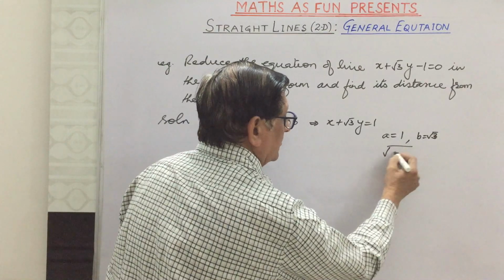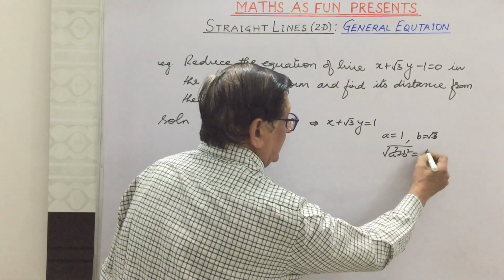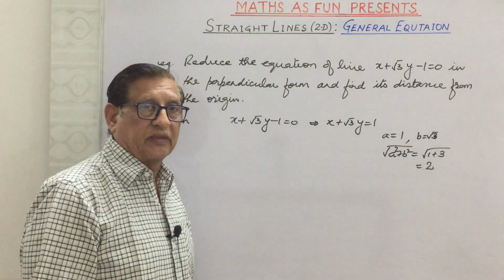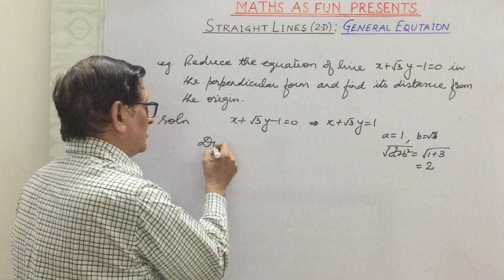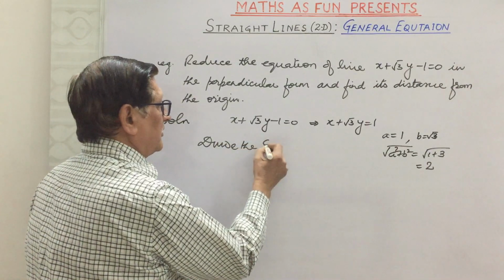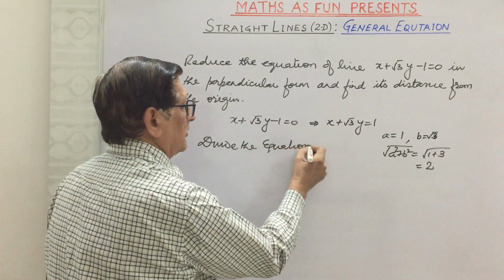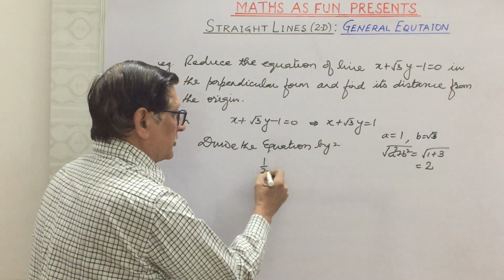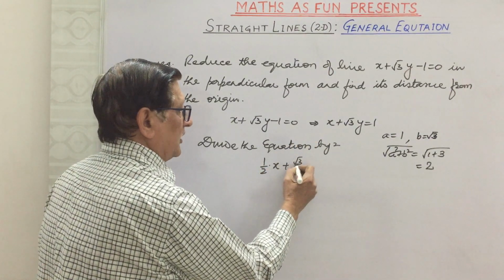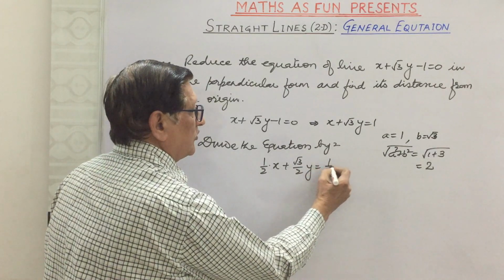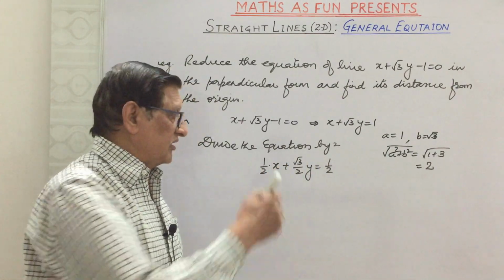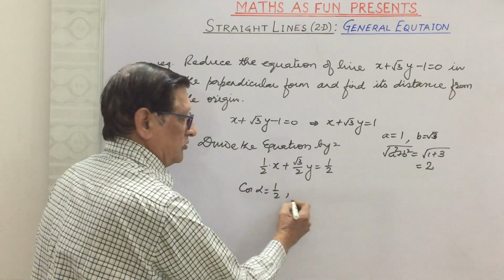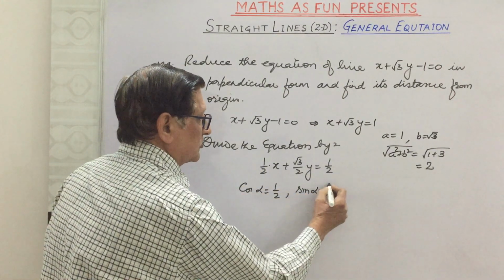If we find the value of root of a square plus b square, that is root of 1 plus 3, or we can say 2. Divide the equation by 2. What we get? 1 upon 2x plus root 3 upon 2y equal to 1 upon 2. Now we can see very well here that cos alpha here is 1 by 2. Sin alpha here is root 3 by 2.